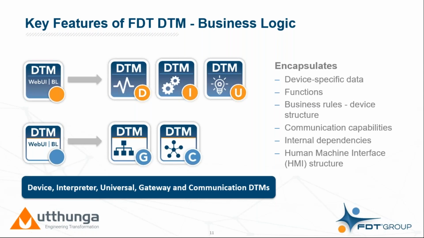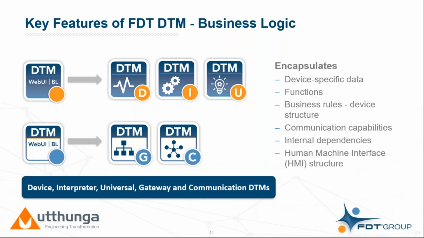And it also contains the user interface. So it really is the representation of that device in your browser as you interact with that device or its settings. Inside of these DTMs, there's both a web user interface and there's also a business logic.